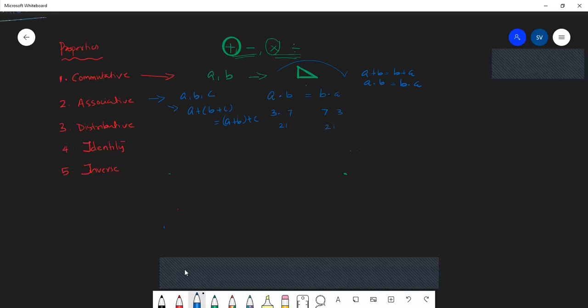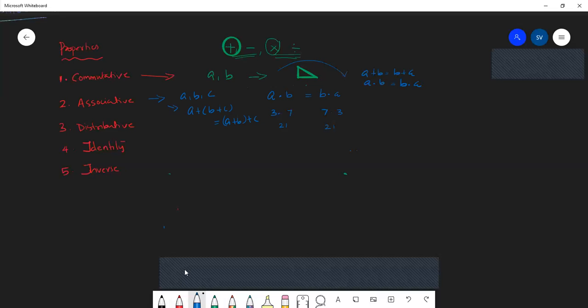See, the parentheses or the brackets are playing a big role in this explanation. What I'm stressing is (B plus C). That means you need to operate B and C together, then operate it with A.